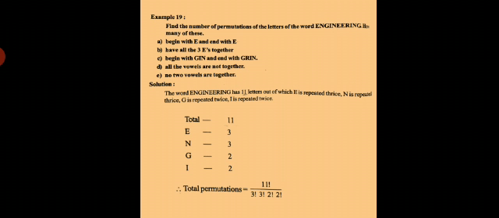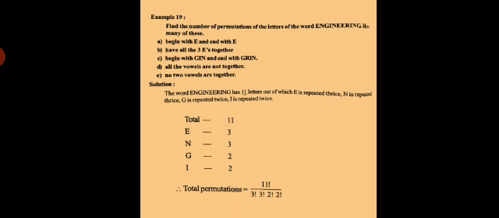N is repeated 3 times, G is repeated 2 times, and I is repeated 2 times. Therefore, out of the total of 11, E is 3, N is 3, G is 2, I is 2. These are the number of times they are repeated.